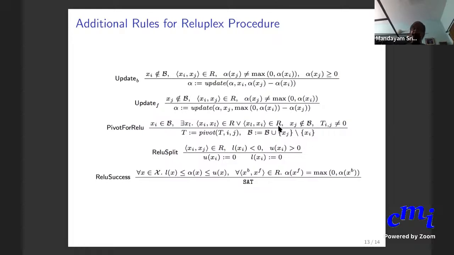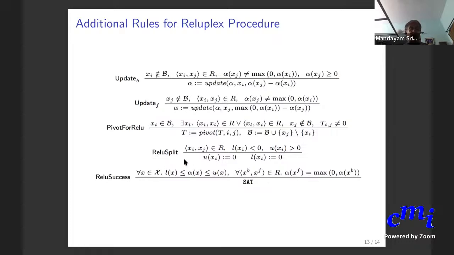Unlike the original simplex pivot, this does not change the value. I mean, in the original pivot it obviously has the effect of changing the equations, but this is like an update. After that, you'll be able to apply any of the update operations.